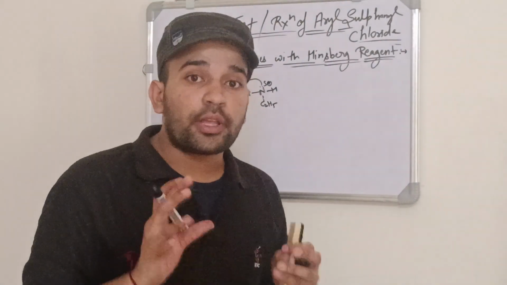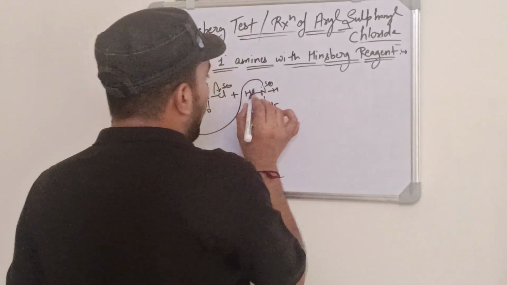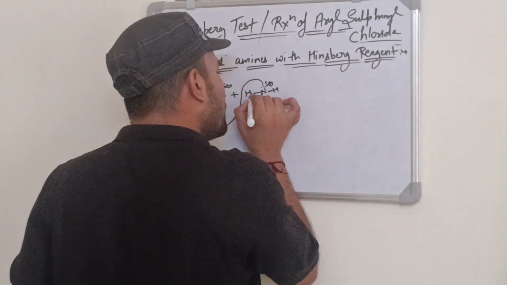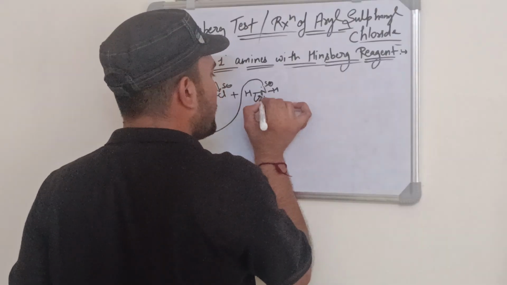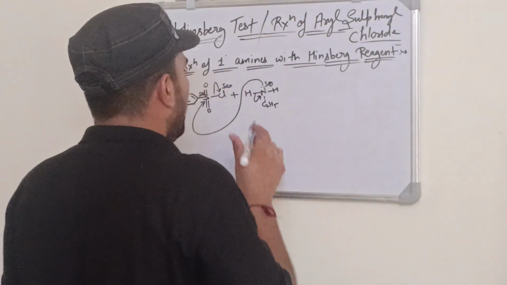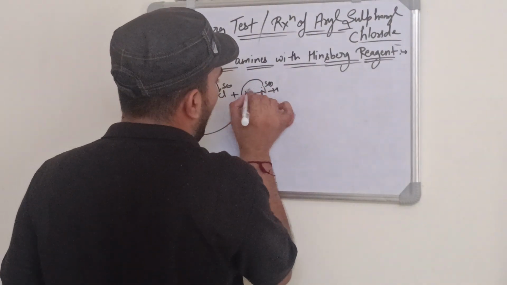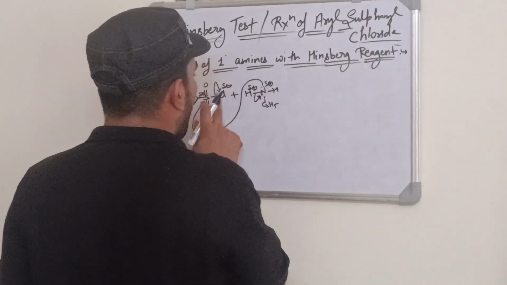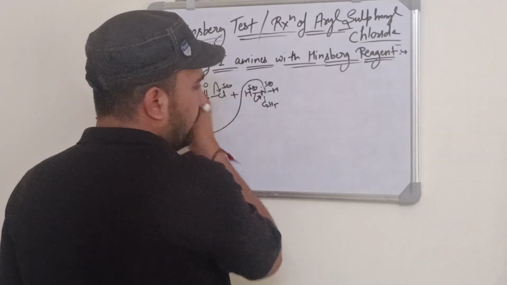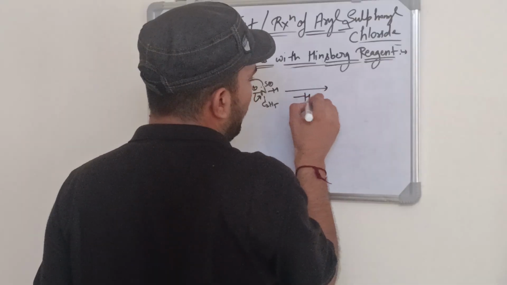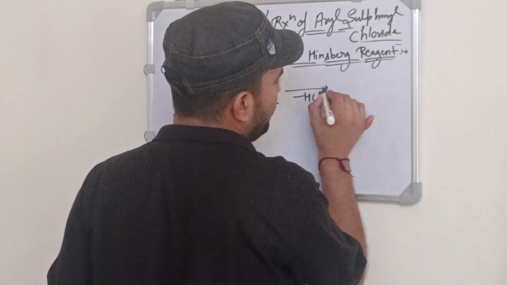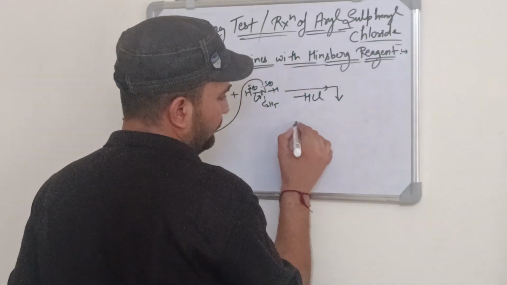So this nitrogen attains partial positive and wants to become neutral. The bond electrons present between hydrogen and nitrogen shift onto this nitrogen, and in this way the nitrogen becomes neutral. So our hydrogen attains delta positive, and here delta negative. These two atoms, H and Cl, make a bond and HCl is removed.